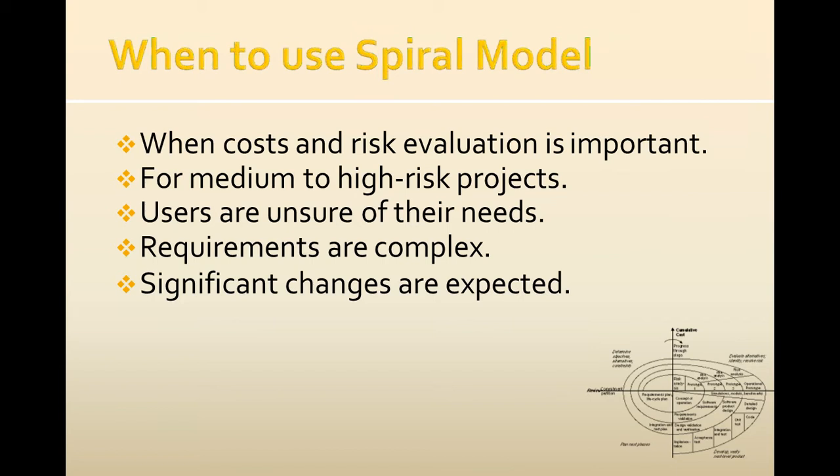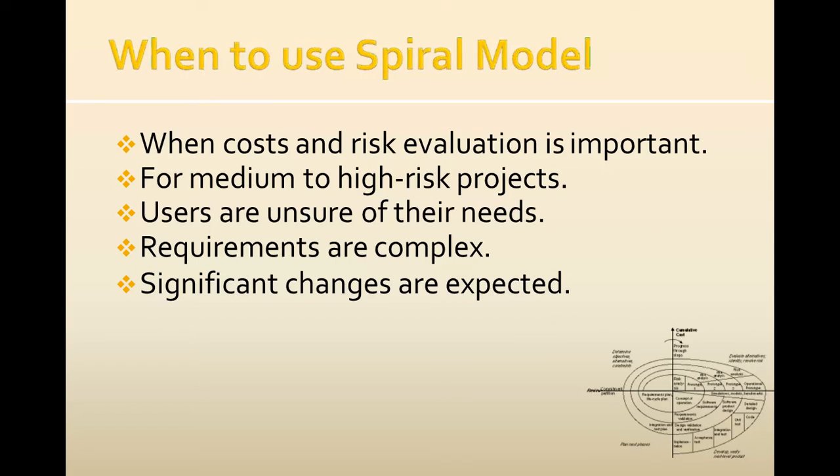Then the requirements are complex. If the requirements are very complicated and it is not easy to understand all of them, because on the basis of requirements we can only go to the next phase, like designing, coding.